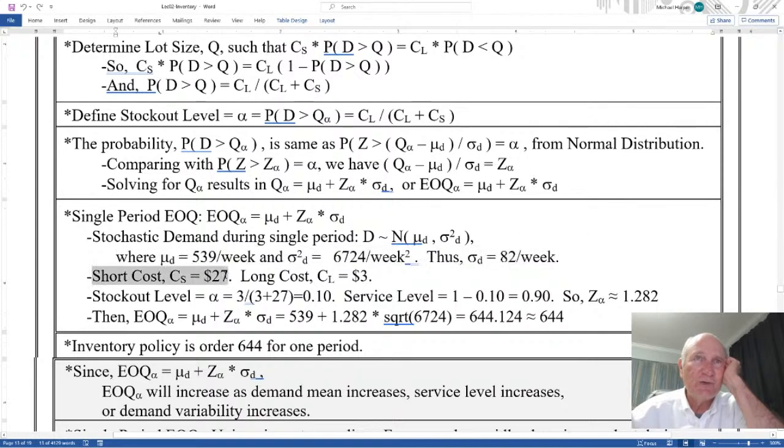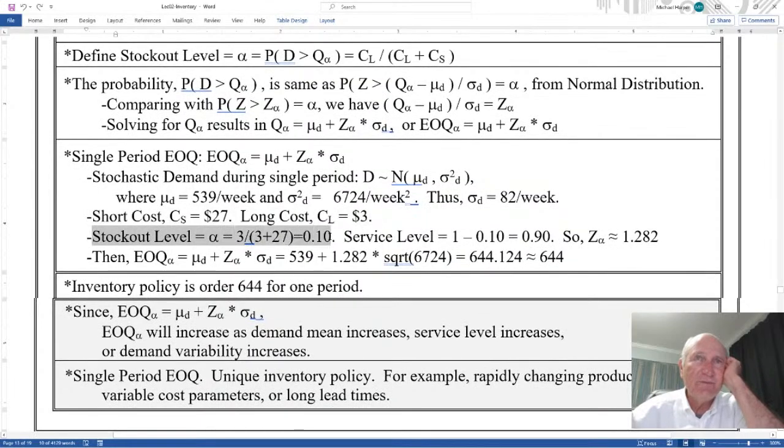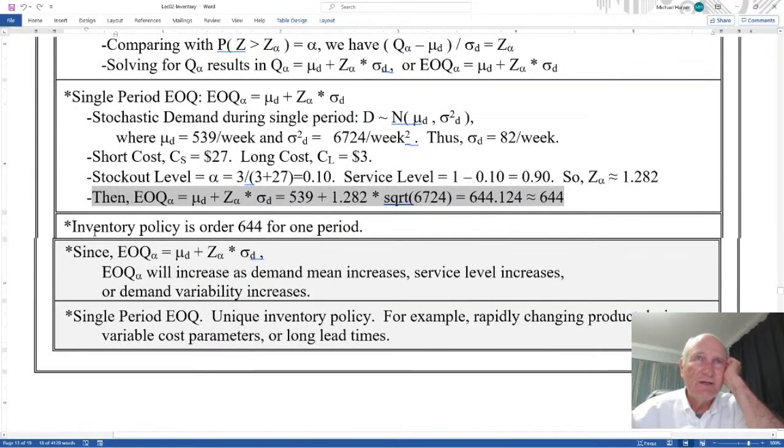The short cost is 27, long cost is 3. And so I get my alpha here, my service level, my stock out level, and I calculate my Z. And by the way, this Z comes from Excel. Then the EOQ is given by this equation. And so my inventory policy then is 644 by the equation.